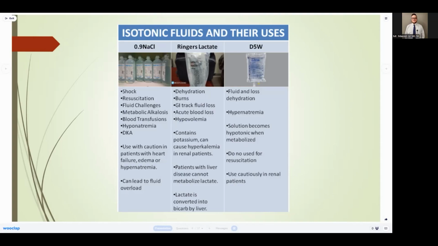And then D5W, again, can treat fluid loss and dehydration. It's more niche and more specific in its use cases.